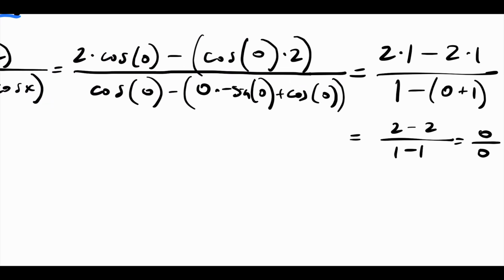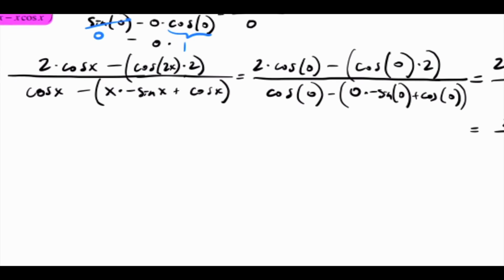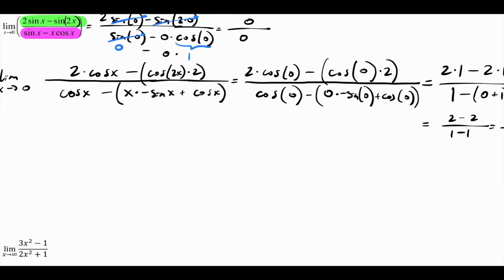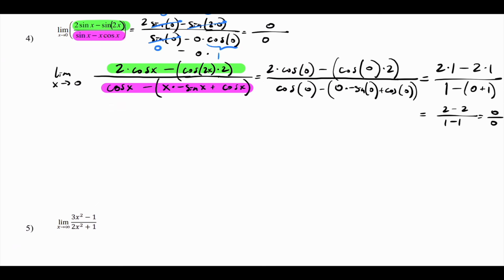Zero over 0. Okay, so now I got to go back, and I'm going to find the derivative of this guy again. This top and this bottom. So limit as x approaches 0.